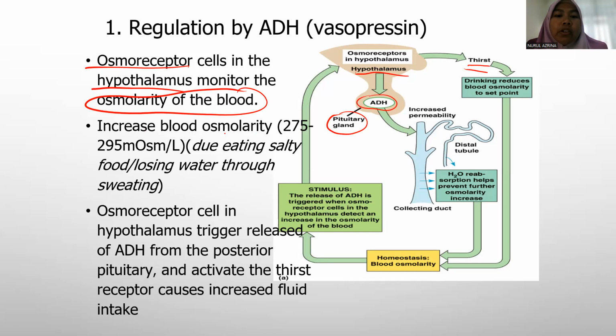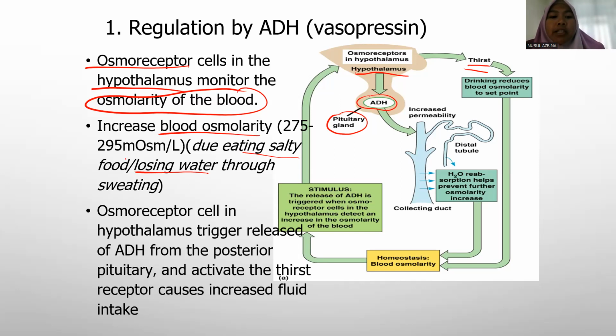So the increase of blood osmolarity, for example beyond 295 milliosmol per liter of blood, is due to eating salty food, for example, or losing a lot of water when sweating, or when you are fasting. So it will increase the blood osmolarity.